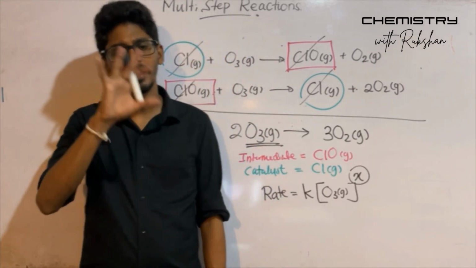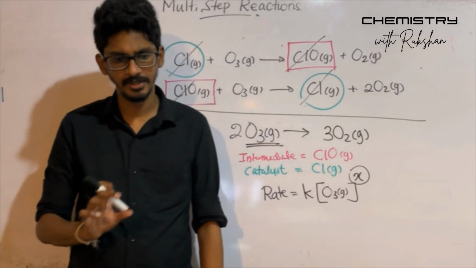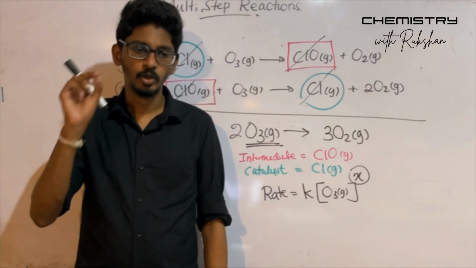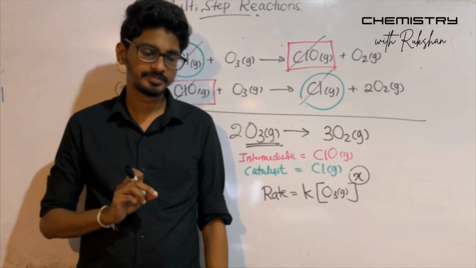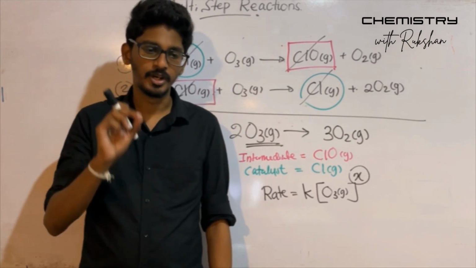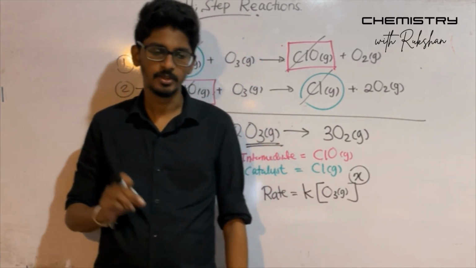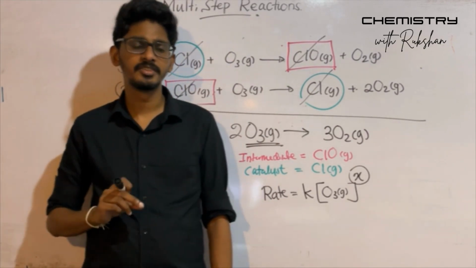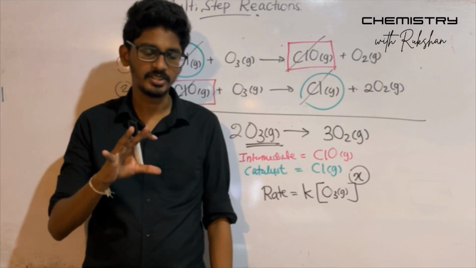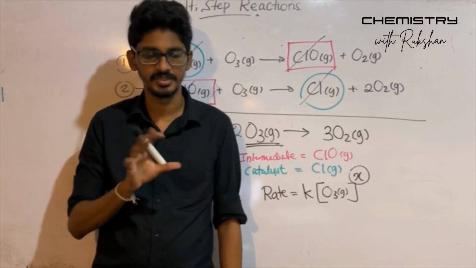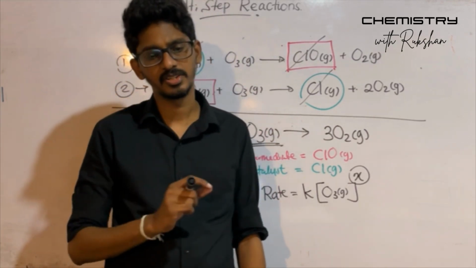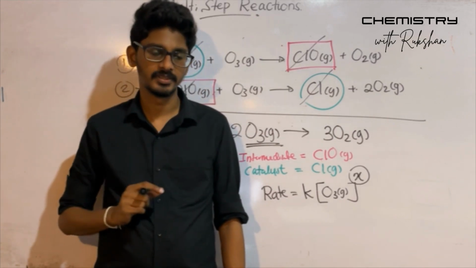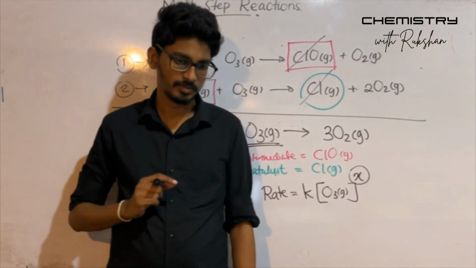So in a multi-step reaction, the slowest step is considered as the rate determined step, because it will decide the rate of the overall process, right? In a multi-step reaction, rate determined step එක එයාගේ slowest step එක, right?